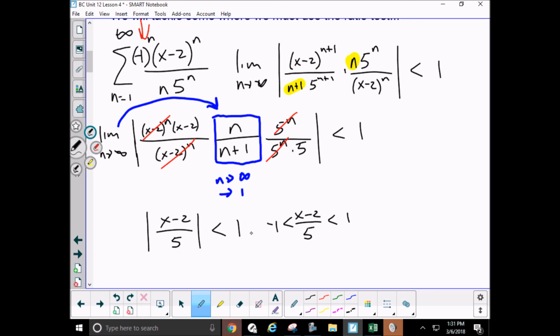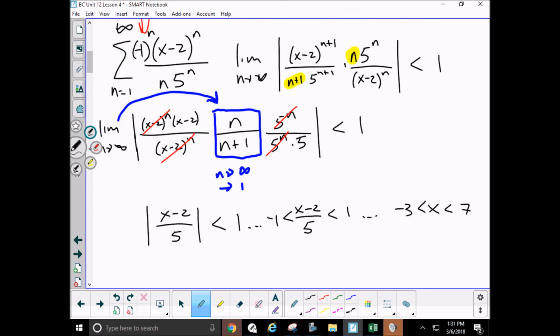Multiply by 5. Add 2. So I got x is less than 7, and x is greater than negative 3.